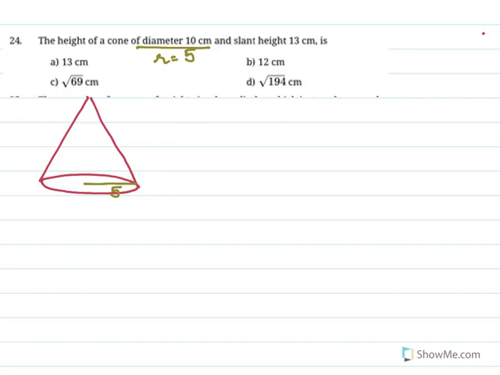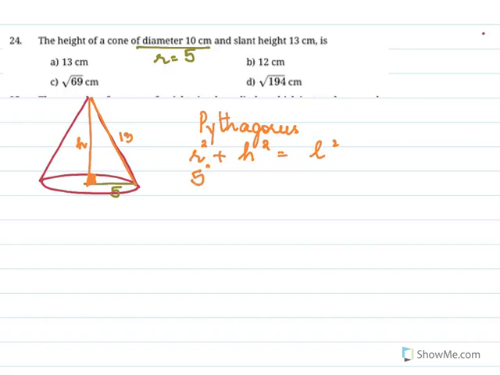This is the slant height, which is 13. This is the central height, which is h. We can use the Pythagoras theorem to find the height. Let's say we have 90 degrees. So we know r square plus h square equals L square.